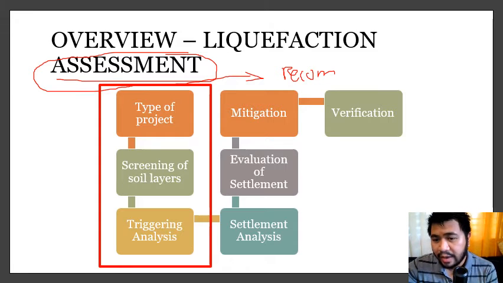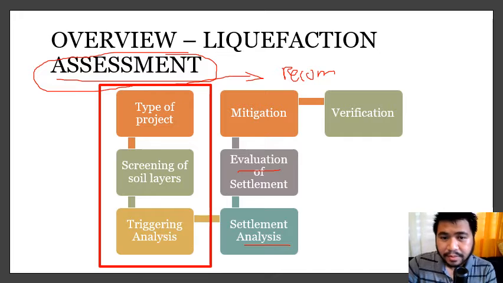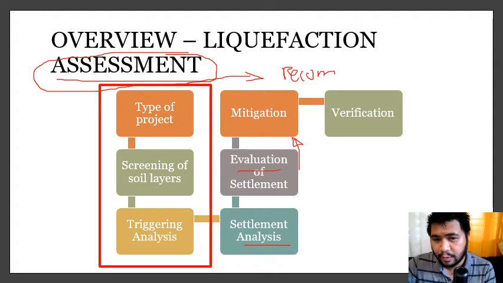You have to compare them against a standard or a threshold, and then you evaluate if the numbers that you're getting, for example, liquefaction settlement, are actually acceptable. If it's not acceptable, you have to provide recommendations on how to fix that problem or issue.